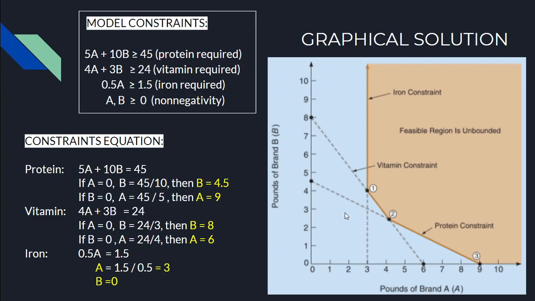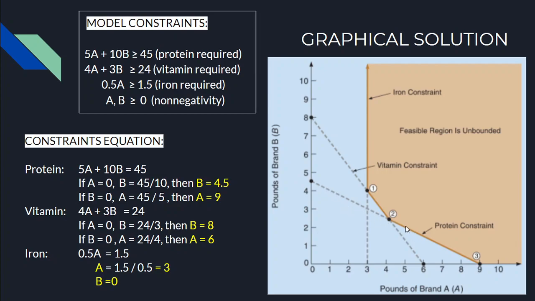Yung B natin is 4.5. First point natin, itong B is 4.5. Tapos yung ating namang A is 9. So pag pinagdugtong mo yan, now we have our constraint for protein. Ito yung equals to 45.